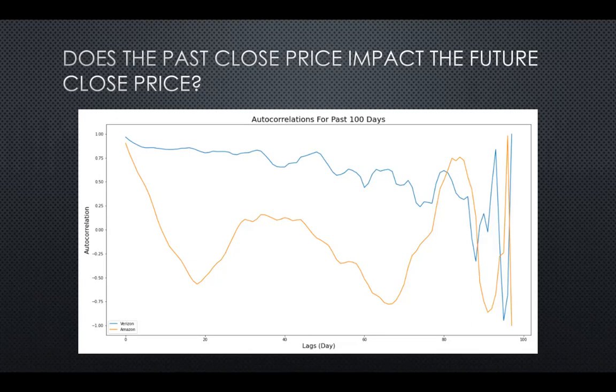But for Amazon, not as much due to the volatility, but the autocorrelations oscillate almost every 20 days. And this could be due to some company news or just any news that could positively or negatively impact stock price, along with just large sell-offs, which are very common in the markets.